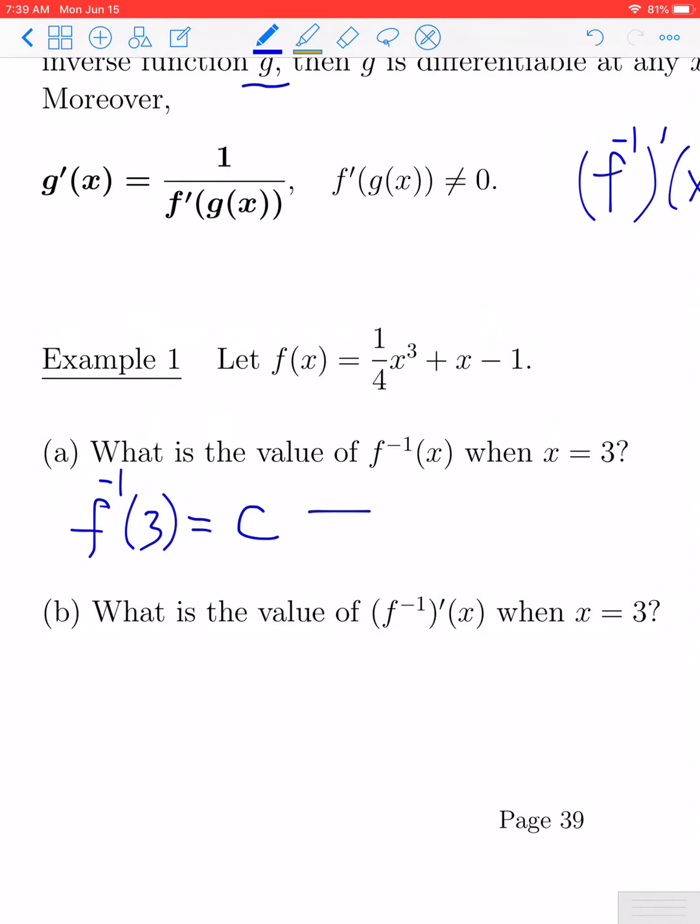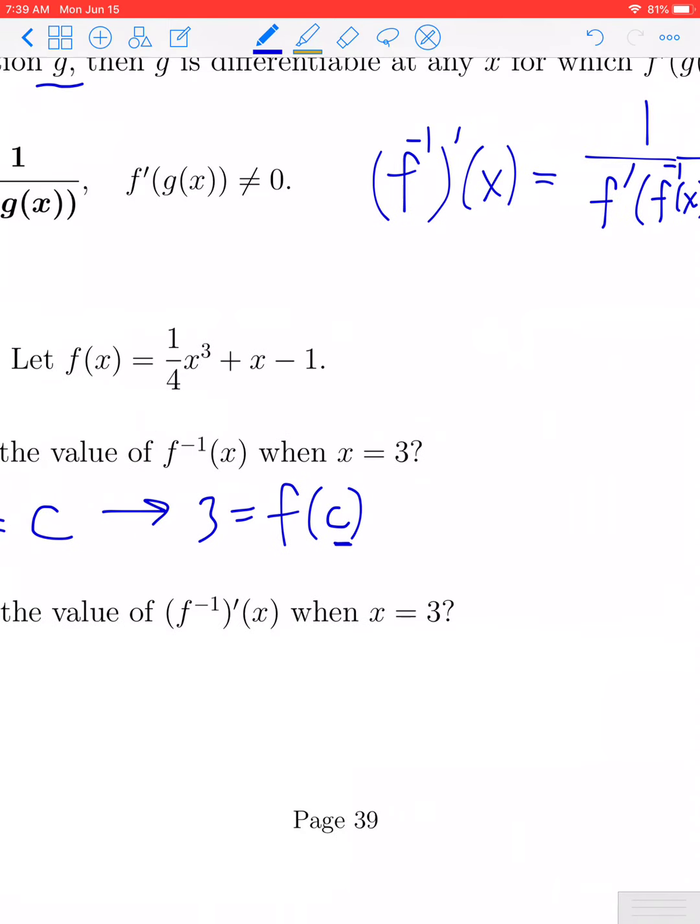f inverse of 3 equals c. If you apply the function f to both sides, it's essentially asking this question: what value c would I have to plug into the function f such that I get the output of 3? So we take this function, 1/4 c cubed plus c minus 1 is equal to 3, and we want to solve this equation for c.